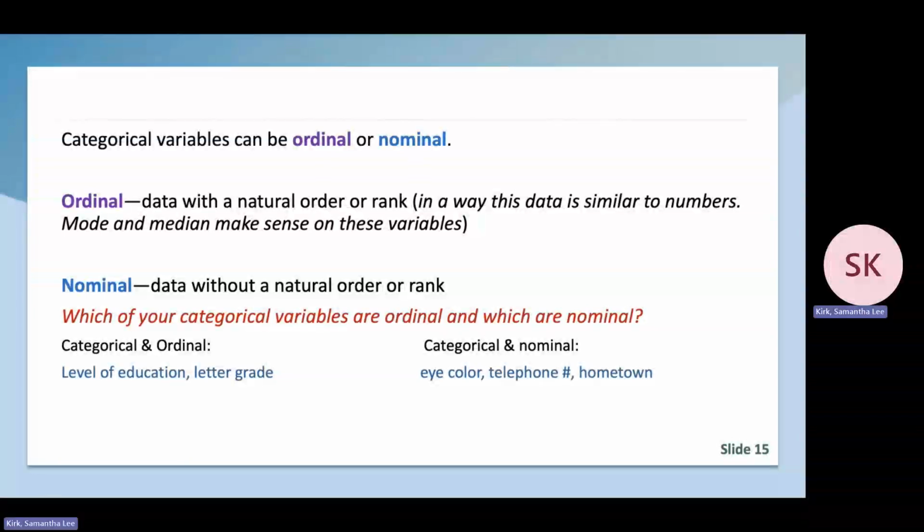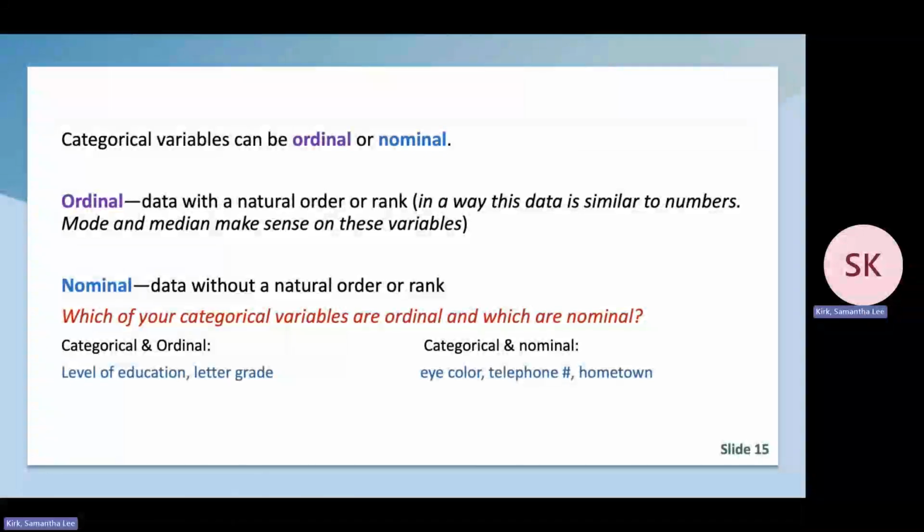While eye color, brown eyes don't come before blue eyes, and they don't come before green eyes. Telephone numbers, it doesn't really make sense to list them in a particular order. Or hometown, you could put alphabetical order on this, but it's not a natural order. You're just defining an order. While level of education and letter grade have a natural order.